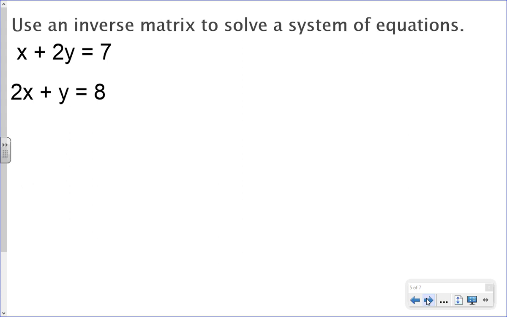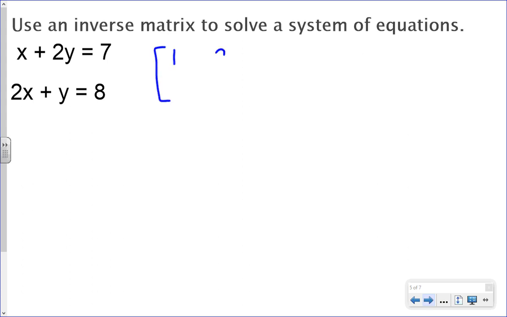We can create a matrix equation out of this. So Monday and Tuesday, we wrote this in an augmented matrix form and we did row operations to solve it. Different way, this is the second way in this chapter alone I'm teaching you how to do this. There will be a third.